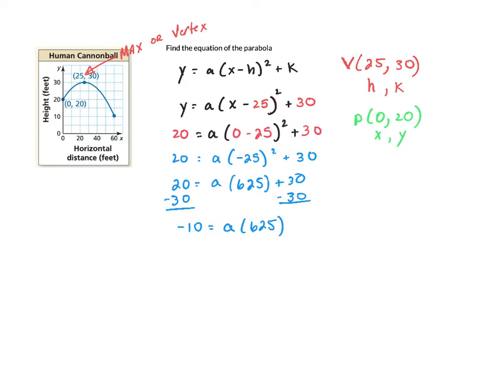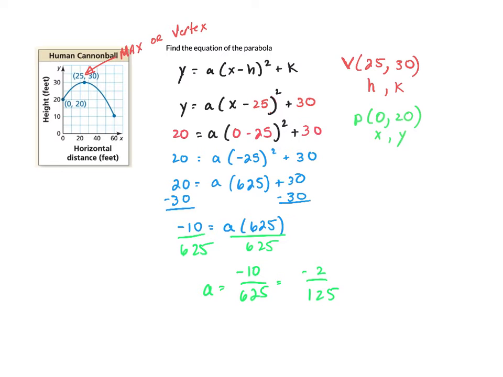Divide by the 625. And a is negative 10 over 625. Now those are both divisible by 5, clearly. So negative 2 over, what's that going to be? I think 125. Now that tells us our a value.